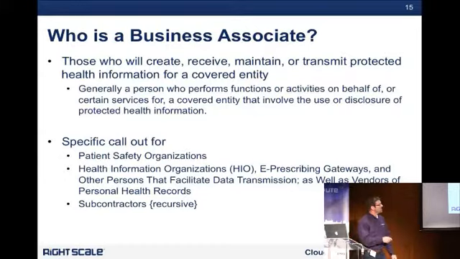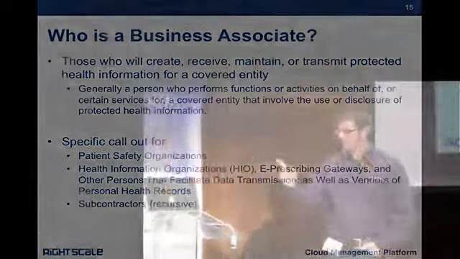Health information organizations, e-prescribing gateways, other persons that facilitate data transmission, vendors, and subcontractors. The Omnibus Rule is very specific that it is recursive. If you're a business associate and you have a subcontractor that falls into any of this, they are now business associates.